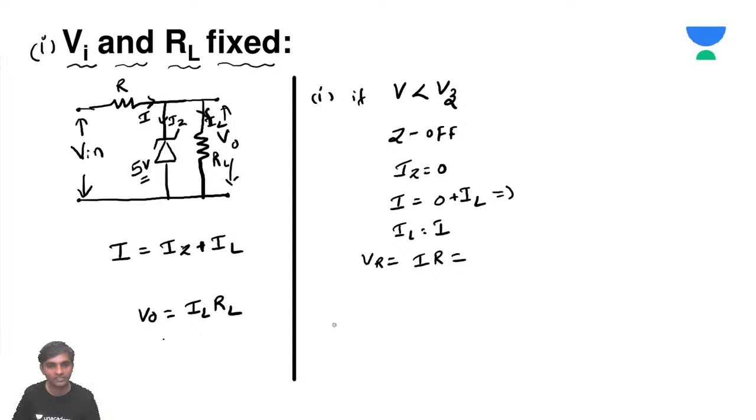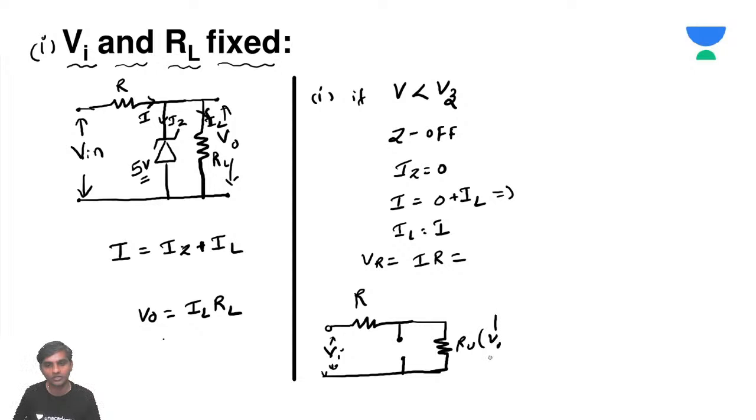So let me draw this equivalent circuit. This is some resistance R. This is some input Vi. This is going to be R naught, and V naught is the voltage drop across this.